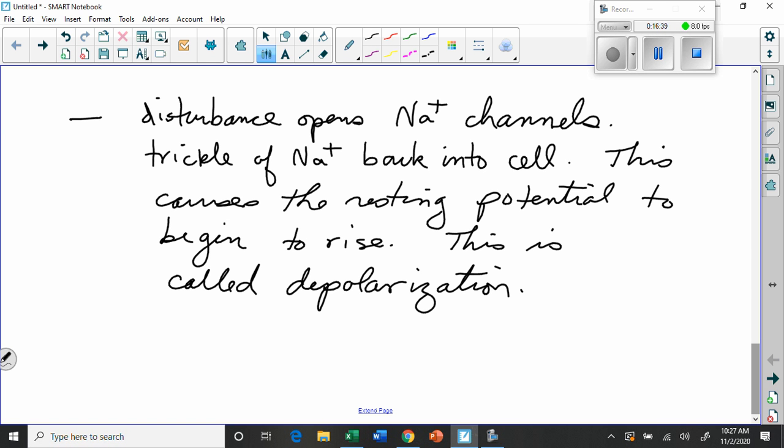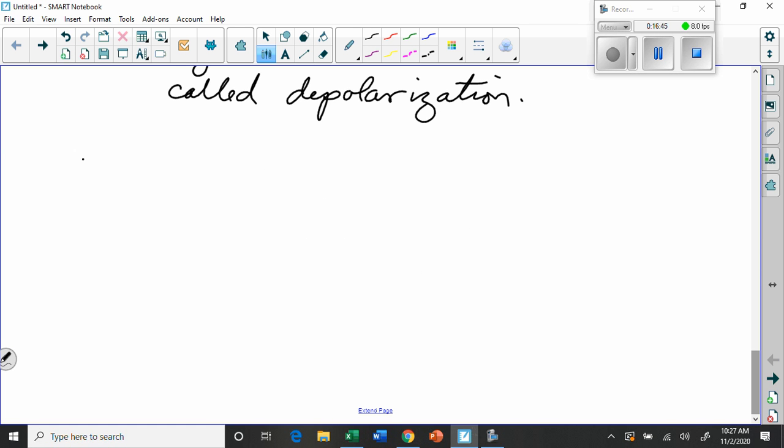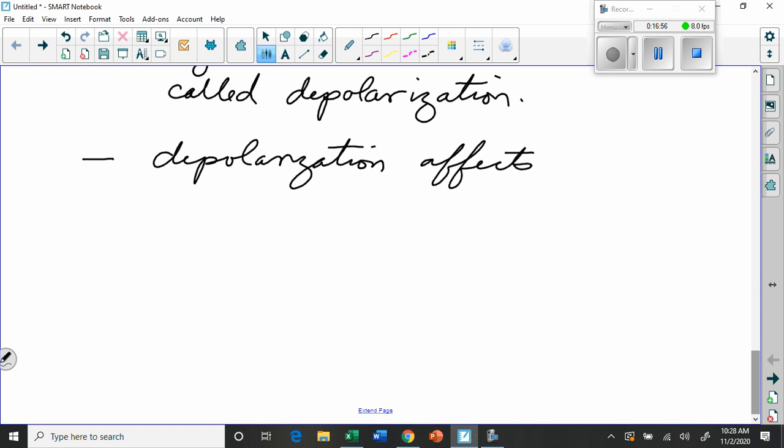Now, this depolarization affects more sodium channels. So we've only drawn one in our picture, but there are many, right? We just drew one to show the idea.